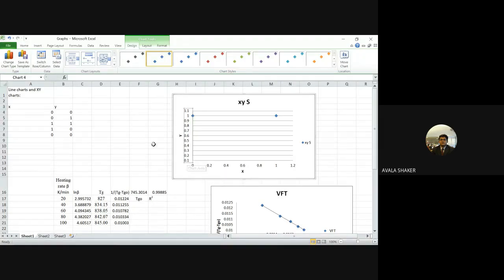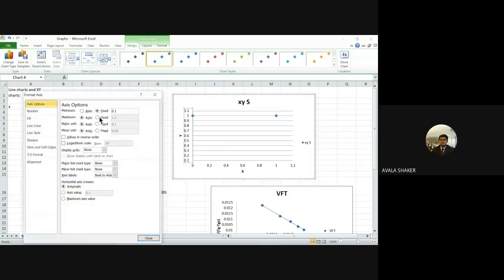Now in this graph it is fine, but if you have a huge range of data and you want to highlight only a particular area of the graph and get rid of the rest, then you can change whether to start from 0, 0 or some fixed value.